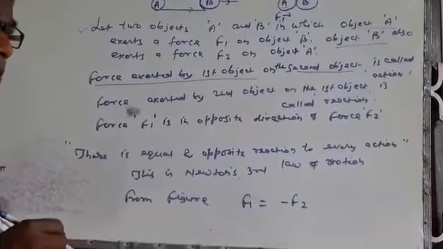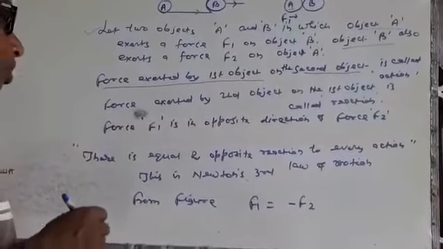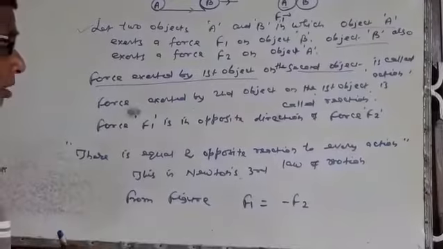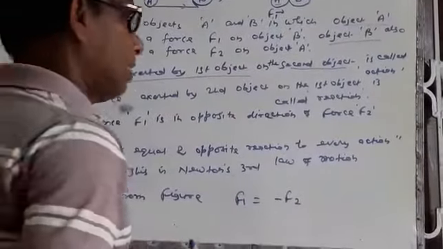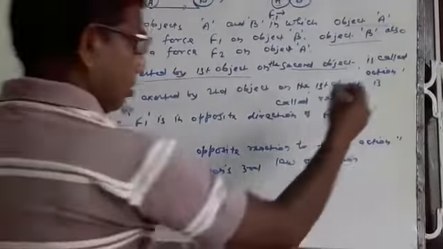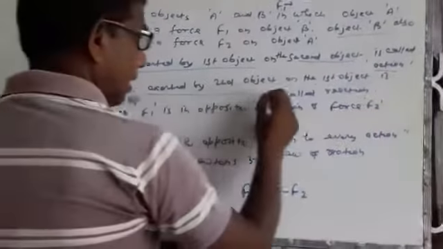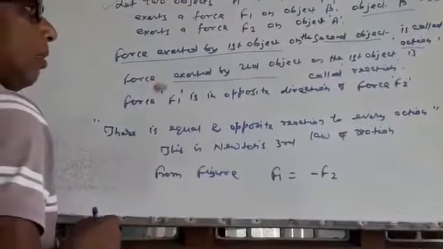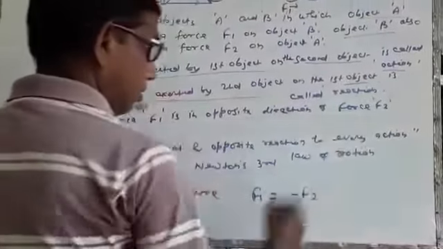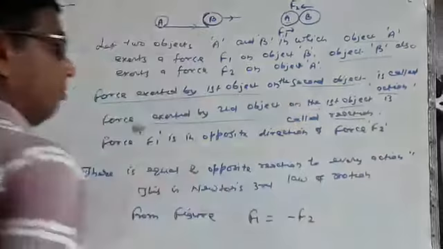So if 2 objects interact with each other, the force exerted by the first object on the second object is called action. Similarly, the force exerted by the second object on the first object is called reaction.